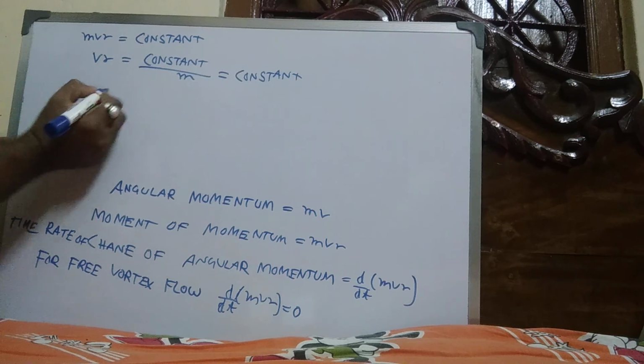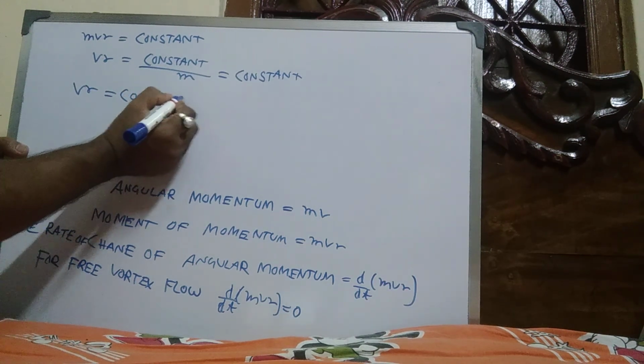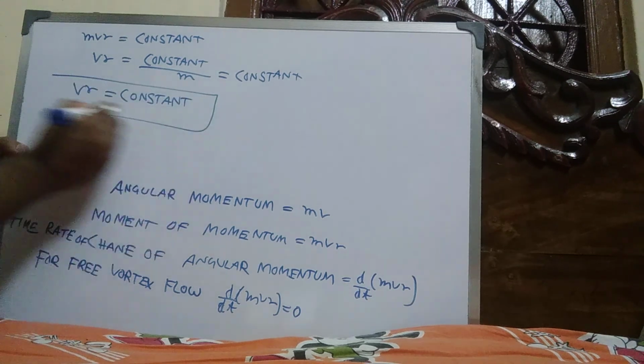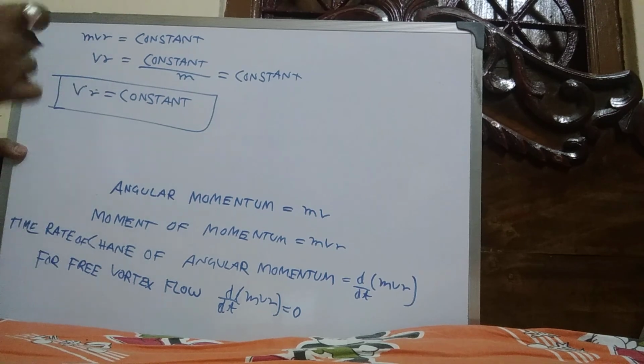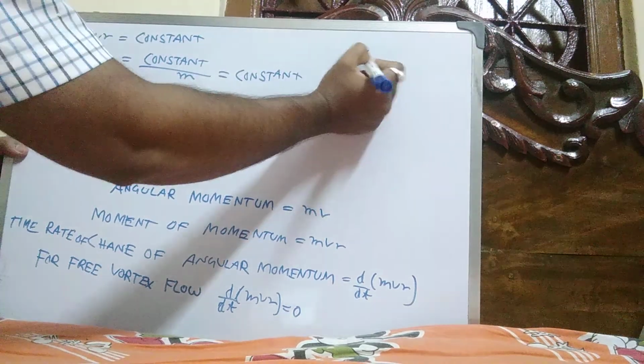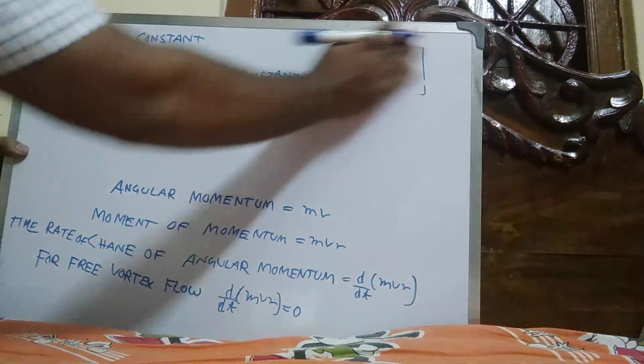So for free vortex flow, vr equals constant. For forced vortex, v by r is constant.